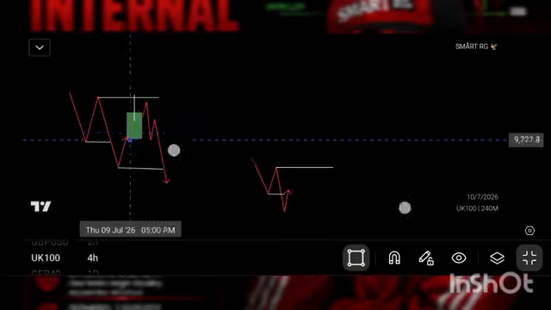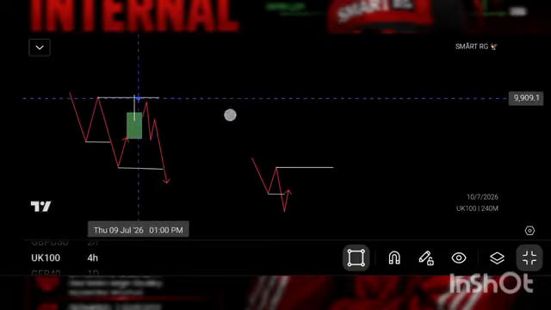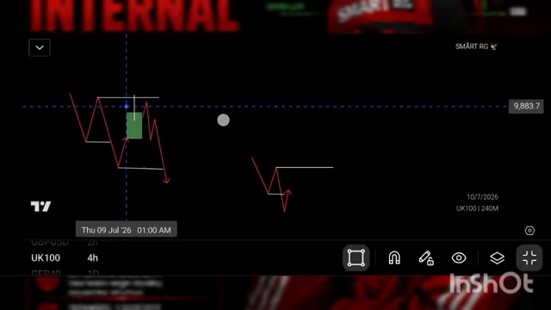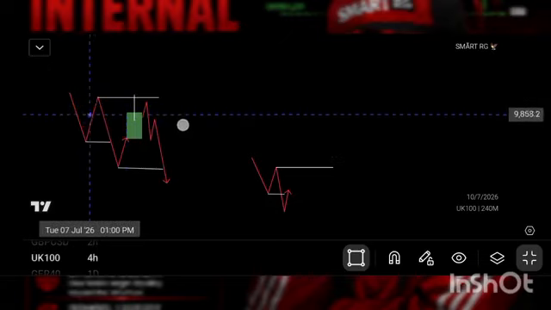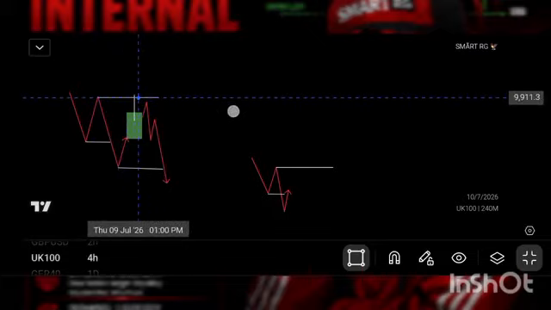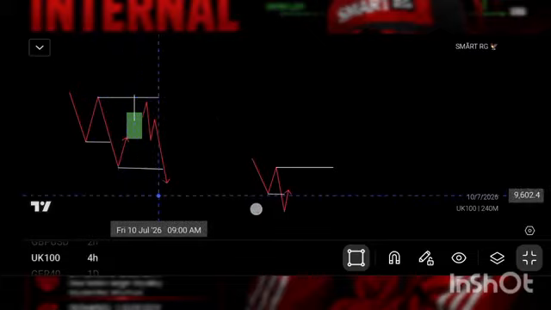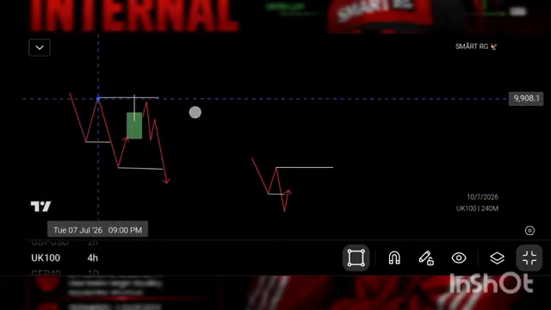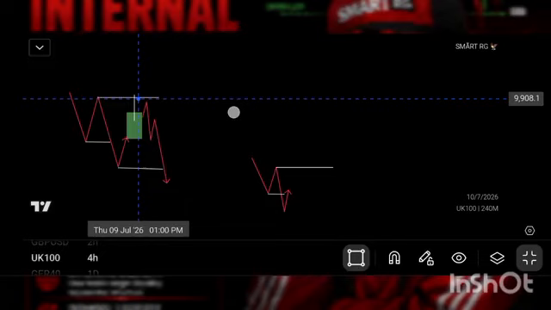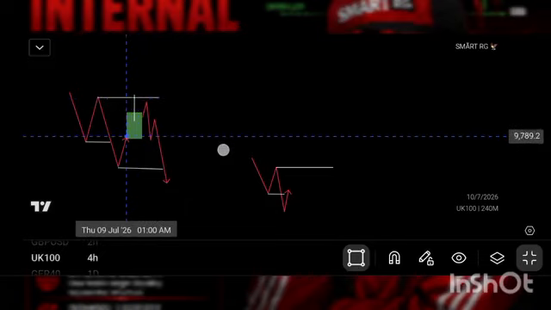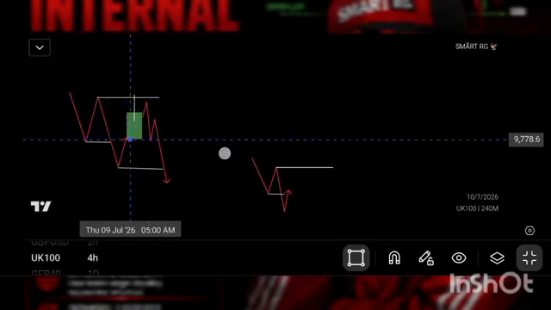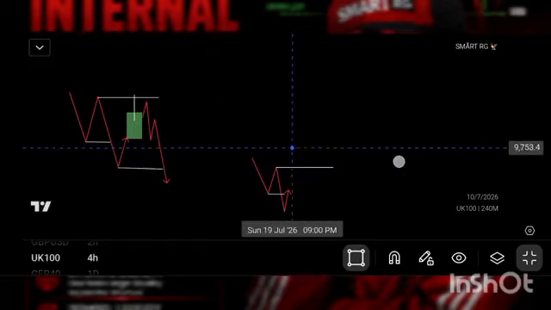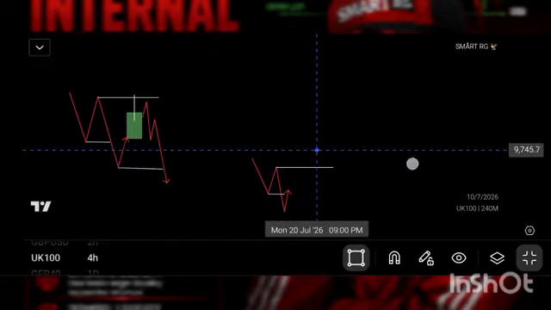Expansion to the downside. You will see something like this. Liquidity sweep, then expansion to the downside. Sweep liquidity. Is it a single candlestick formation or internal liquidity?